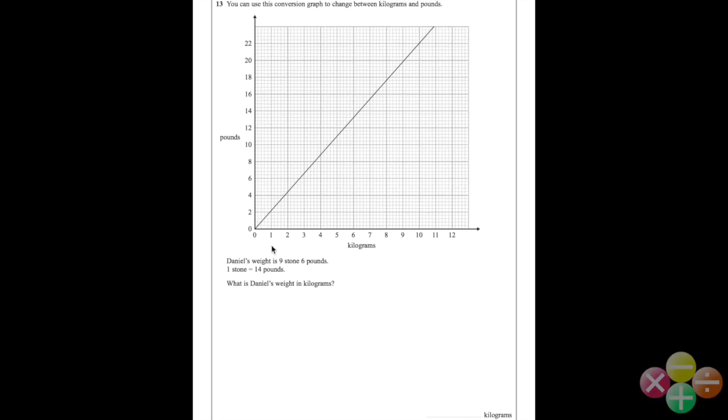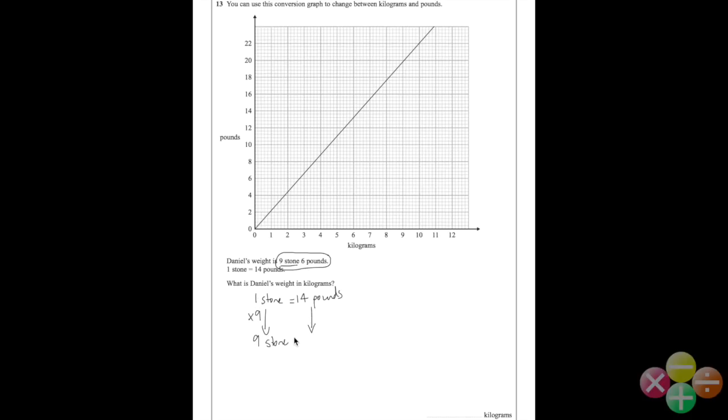Well, before we can do anything, we notice on our graph it's pounds against kilograms. And unfortunately, Daniel's weight includes stone. So we need to convert his whole weight into pounds. We're told that 1 stone is equal to 14 pounds. Now, we know that Daniel is actually 9 stone. To get from 1 stone to 9 stone, we multiply by 9, because 1 times 9 gives us 9.